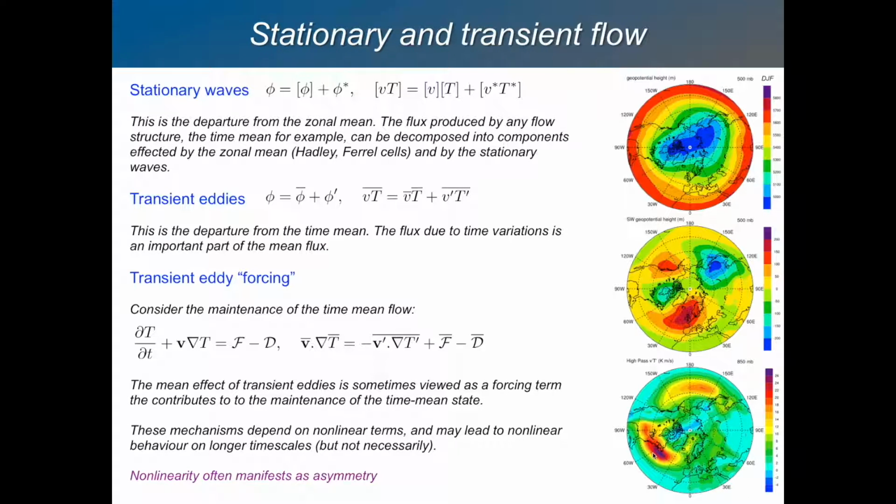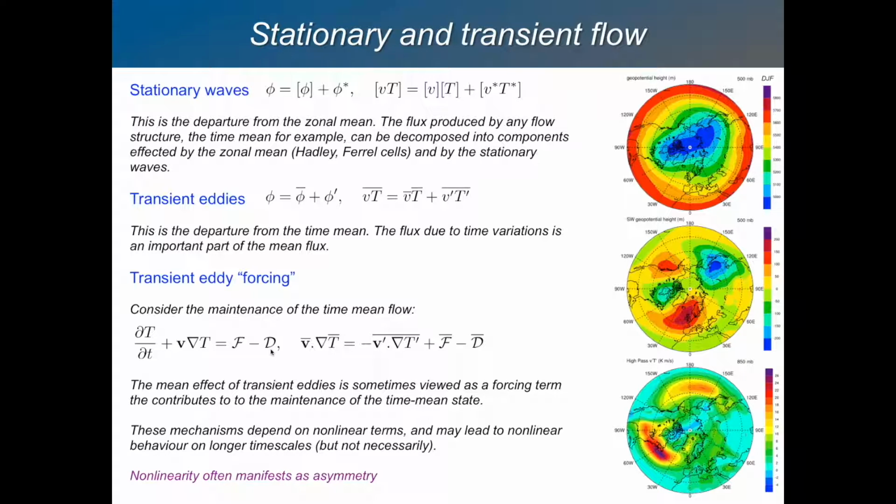So if you write down an equation for the development of the temperature, d by dt of the temperature, plus an advection term, v dot grad T, that will be equal to whatever your forcing is minus whatever your dissipation is.